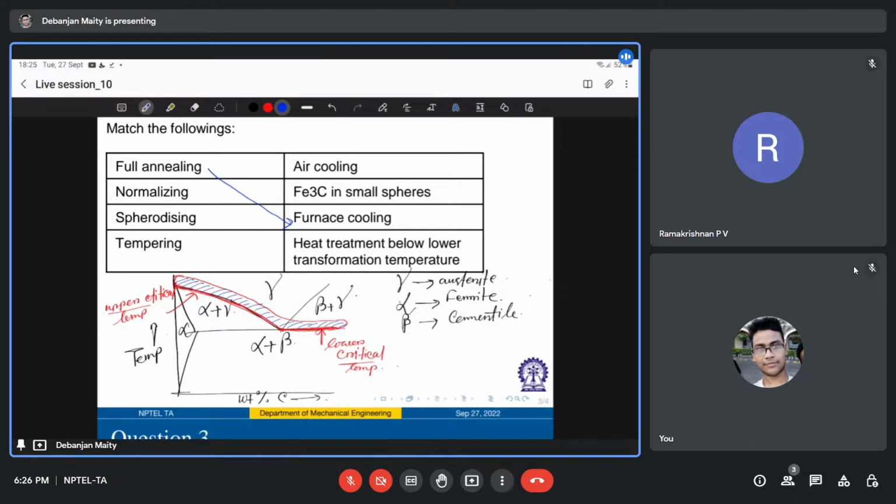And then in terms of normalizing, your temperature range is somewhere above that critical temperature. It may be somewhere around 30 to 40 degrees more than the upper critical temperature. So you end up somewhere here.